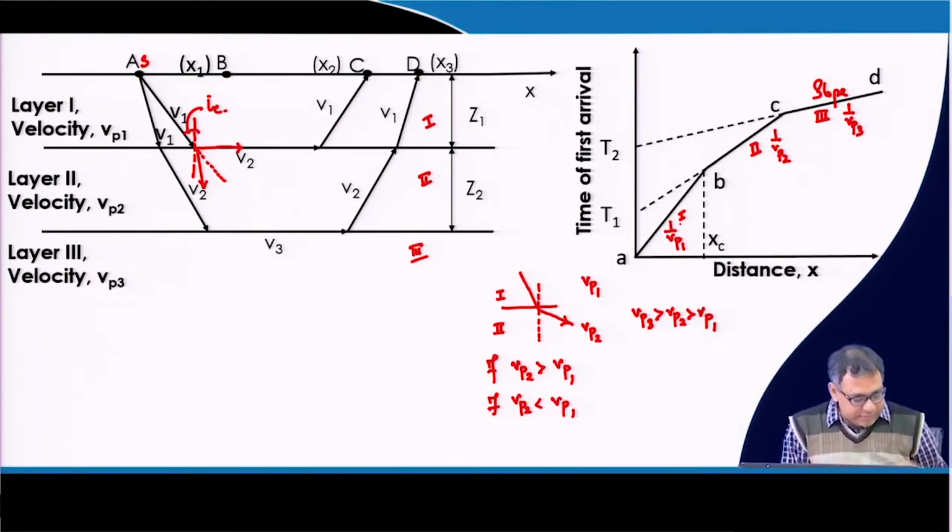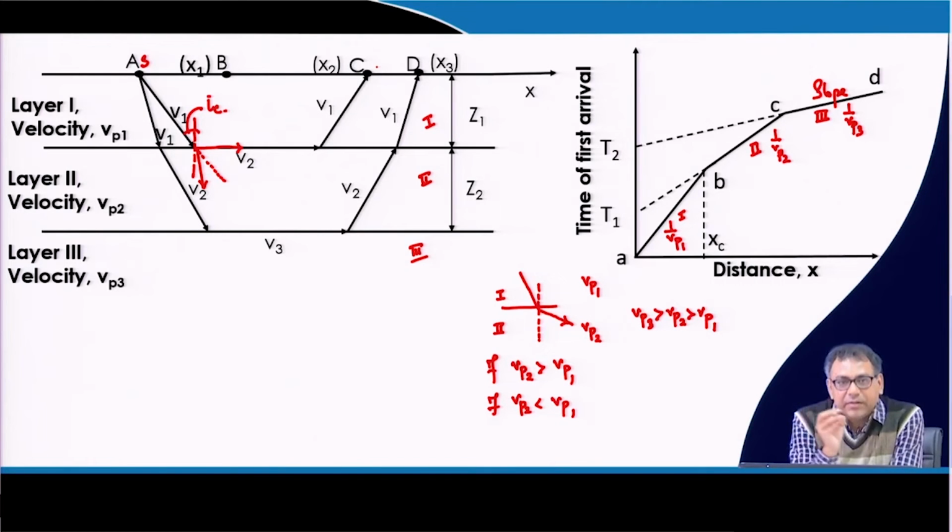Now, as I mentioned here, the first arrival time we have to measure. If you look at this figure from A to C, there will be direct rays and there will be refracted rays, and if there are a number of layers, then there will be a number of refracted rays. Now, which ray will reach first?